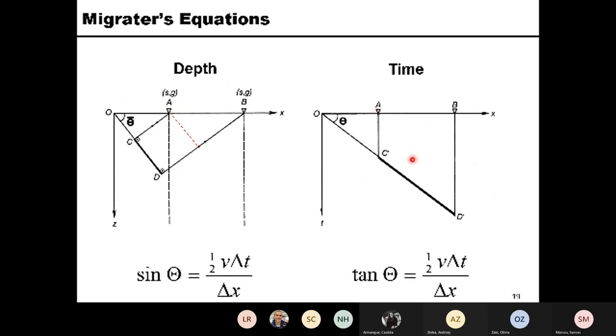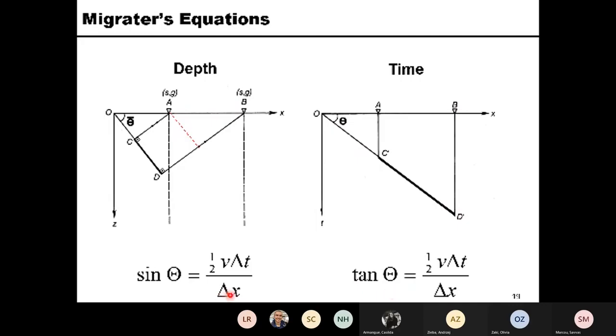But the delta t now, let's see. From A to C prime equal to B to this point, right? So delta t prime, delta t will be from this point down to here. Okay, so this angle equal to this angle. This is delta x. So this delta t, if we convert into meters, there will be half v delta t, right? Delta t same as here. This delta t over delta x becomes a tangent theta.